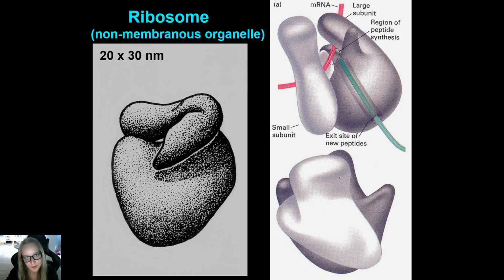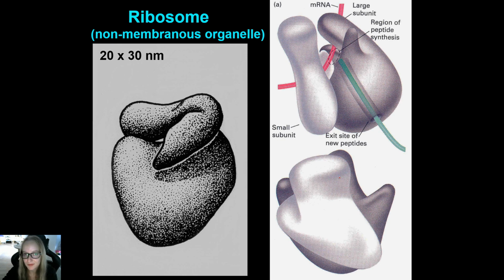Ribosomes are attached to the endoplasmic reticulum, but they can also be free in the cell; they don't have to be attached. But a ribosome is an integral part of rough endoplasmic reticulum and is described as a non-membranous organelle.